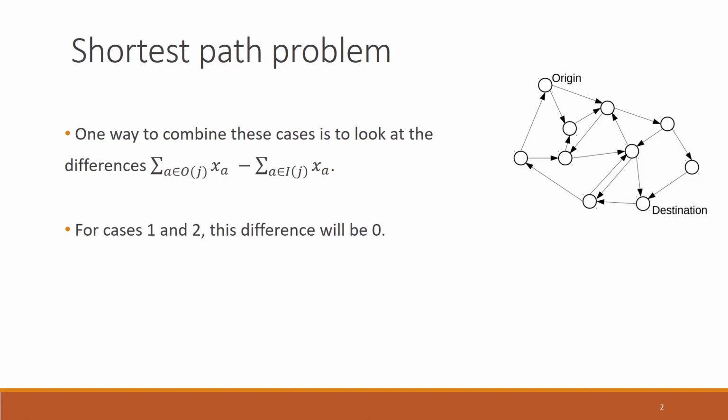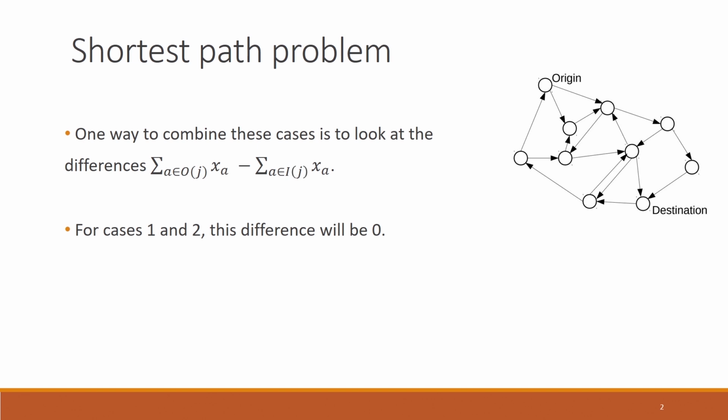For case 1, since node J is not lying in the shortest path, there is no outgoing link for which XA is equal to 1, and therefore the first summation will be equal to 0. Similarly, the second summation will also be 0, because there is no incoming link for node J for which XA is equal to 1.